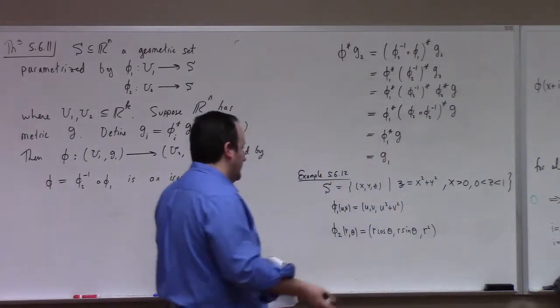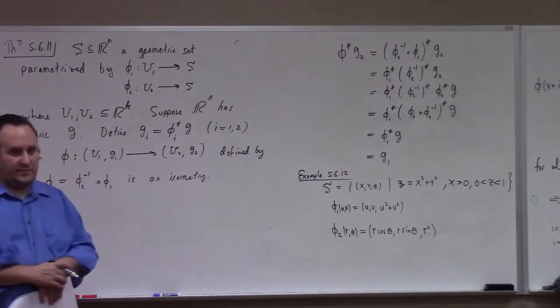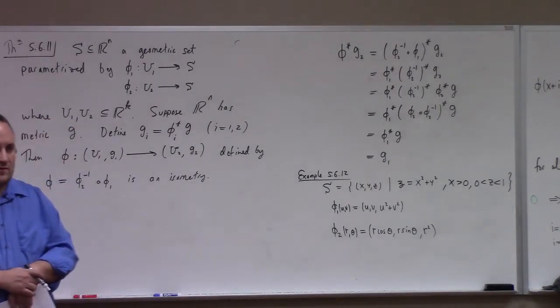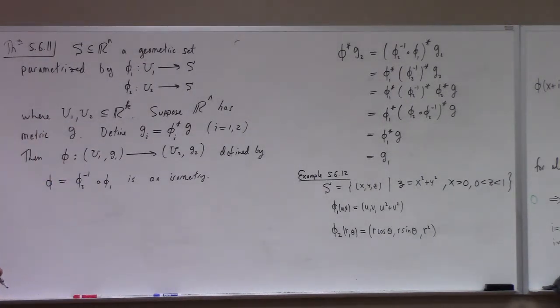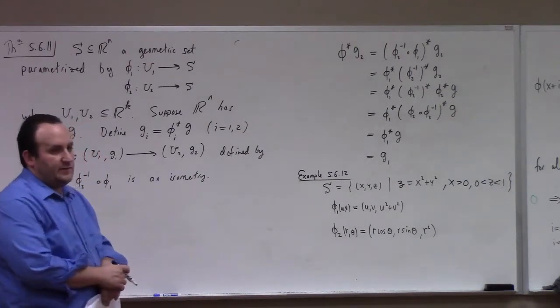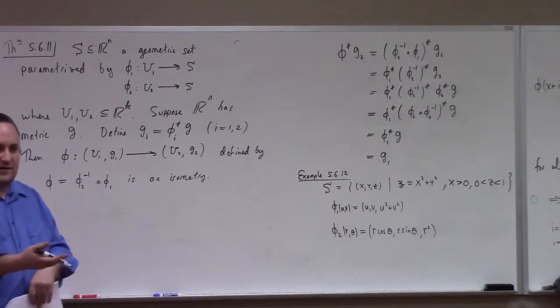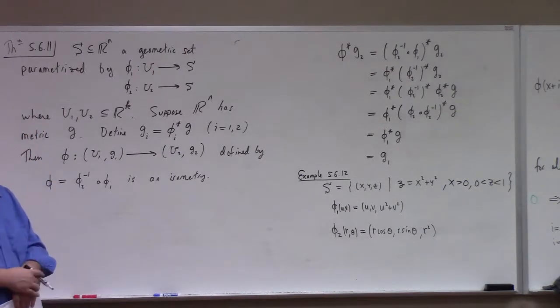So those are two different parameterizations of the paraboloid. The one is the Cartesian parameterization. The second one is the natural polar coordinate parameterization of the paraboloid, right? Because if you put x equals r cosine theta, y equals r sine theta, you get z equal to r squared times cosine squared plus sine squared, which is just r squared.